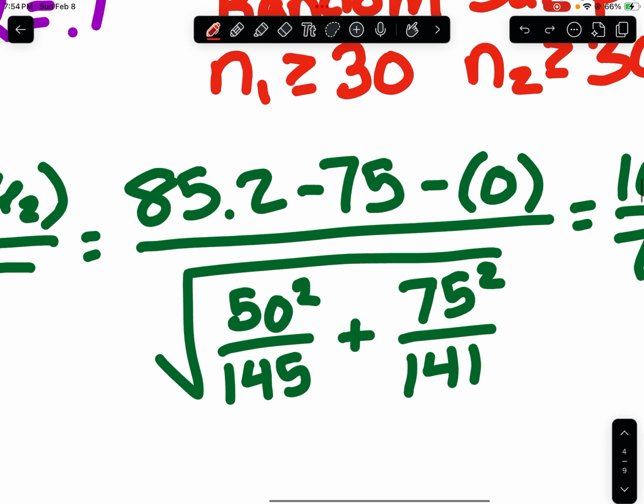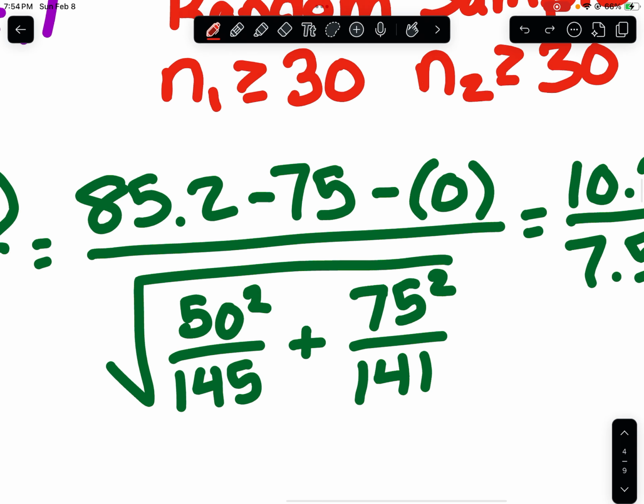So we can plug something in. My 85.2 is my average for males, my 75 is my average for females, minus the assumption that they're the same, so the difference would be 0. And then underneath, I've got the square root of the 50, which is my standard deviation for male, the 145, which is my sample size for male, plus 75, the standard deviation for female, and the 141, my sample size for female.